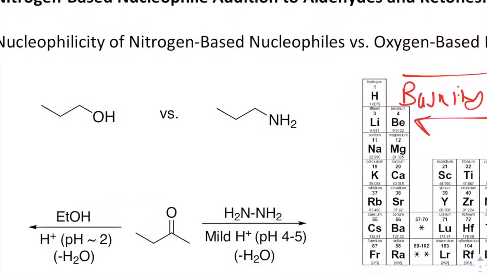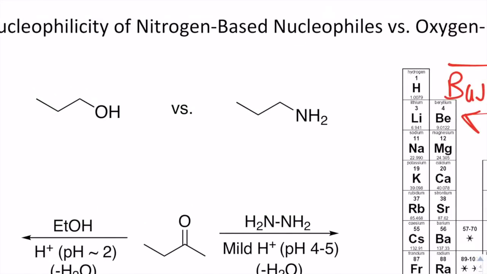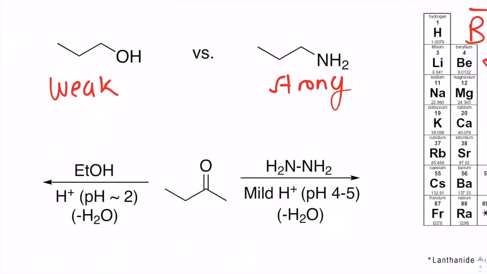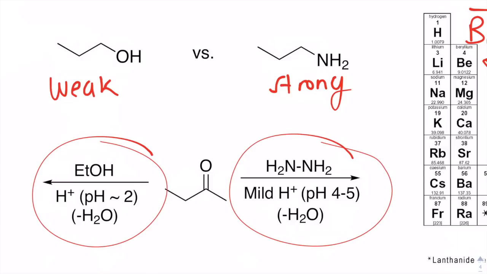If we had these two series of nucleophiles, we can classify this one as weak, and we can classify this one as strong. And that is going to have specific consequences with the other reagents that we're going to use. Let's just look at this ketone, and these are two different routes that we could have taken. We could have done an alcohol addition reaction, or we could have done a nitrogen nucleophile addition.